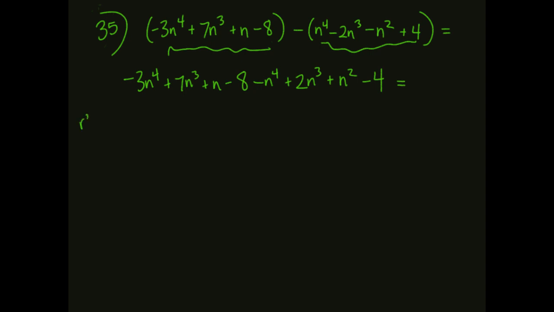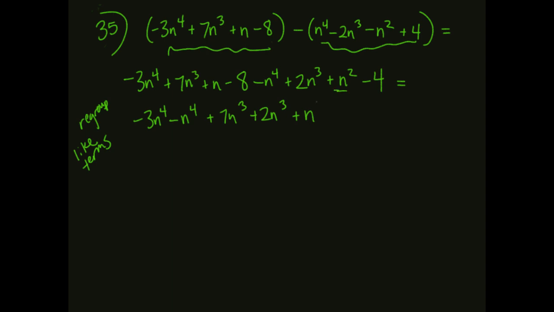Now I'm going to regroup. So like terms, combine like terms. Okay, so it's negative 3n to the fourth minus n to the fourth. Whatever sign's out front is the sign that goes with it. So 7n cubed plus 2n cubed plus n, and then we should do highest first.